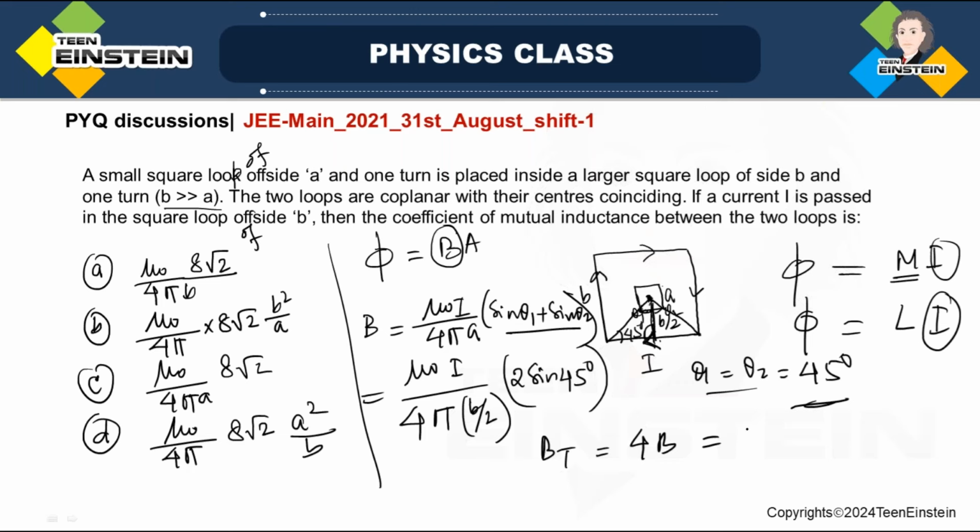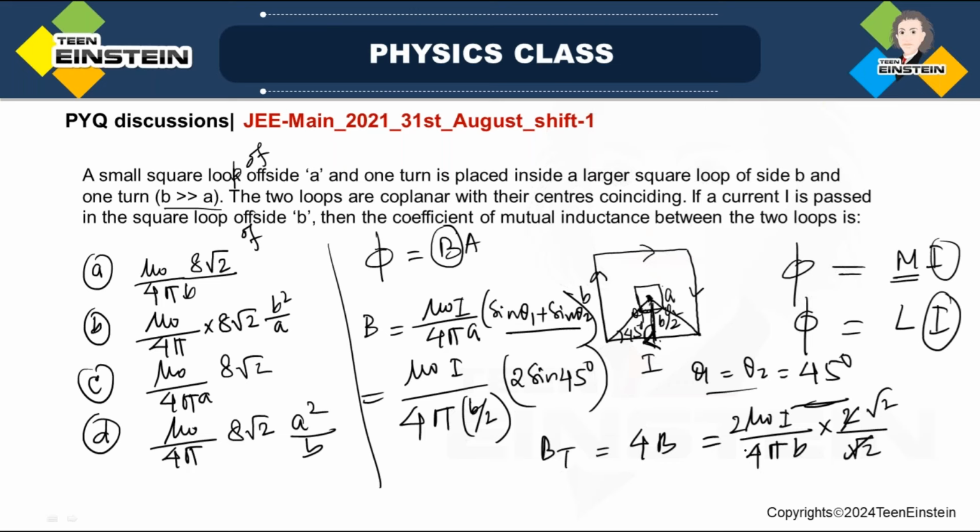So let us write that: mu 0 I by 4 pi b, and here is 2 that I'll write here, and this is also 2, and this 45 means 1 over root 2, right? Better to go with this root 2 rather than keeping it in the denominator.